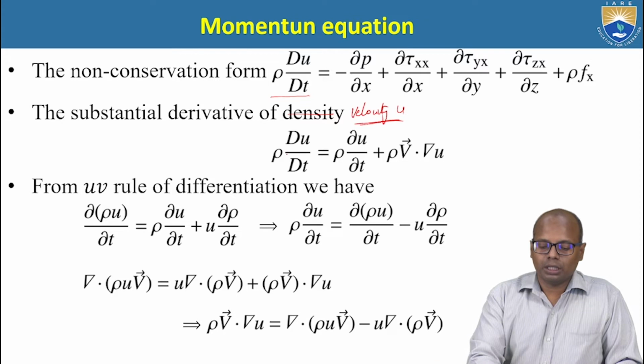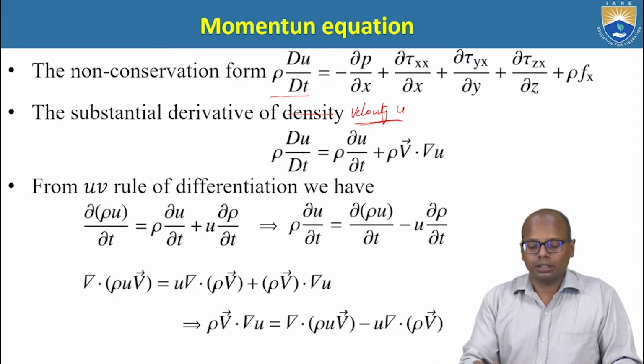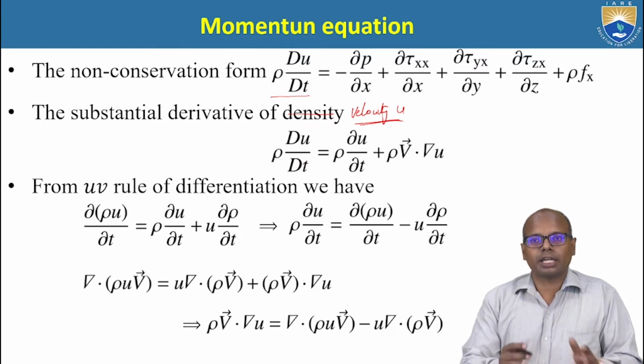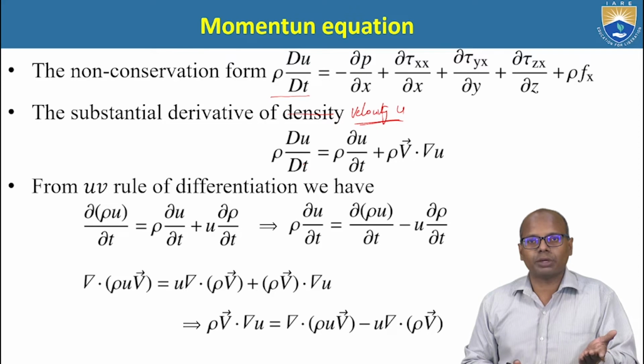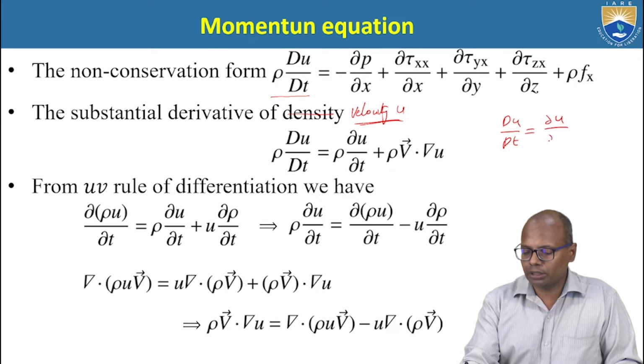Now, what is rho into du by dt? Du by dt, if I expand based on the substantial derivative as we have done in the previous class, what will I get? I will write here du by dt is equal to dou u by dou t plus v bar dot del u.